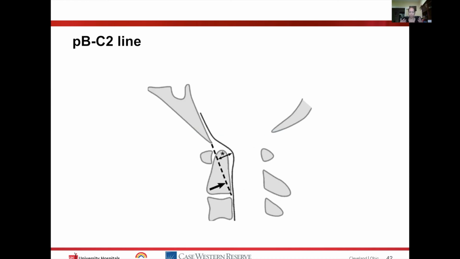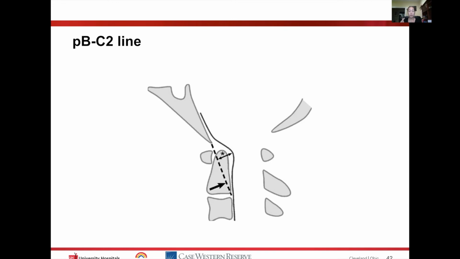And then the two parameters that we use predominantly in these complex Chiaris, the PBC2 line is a line drawn from the tip of the basion down to the posterior aspect of C2. And then it's a perpendicular measurement from that line to the point of maximum posterior extent of the dens.